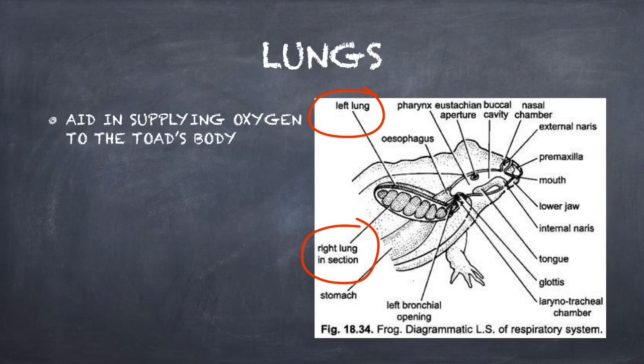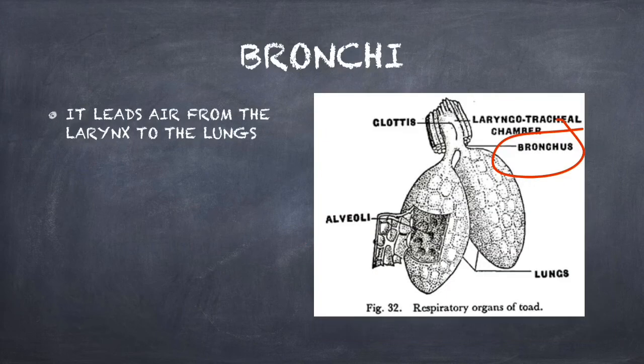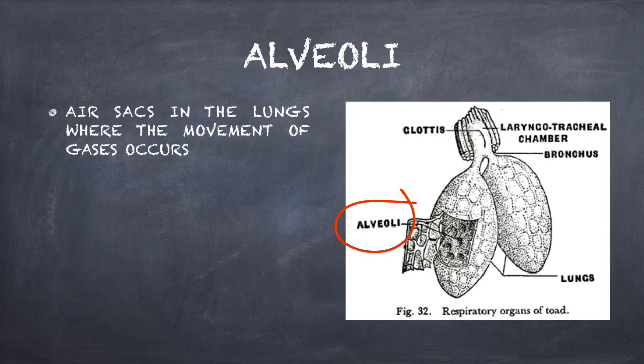Lungs. It aids in supplying oxygen to the toad's body. Bronchi. It leads the air from the larynx to the lungs. Alveoli. Air sacs in the lungs where the movement of gases occurs.